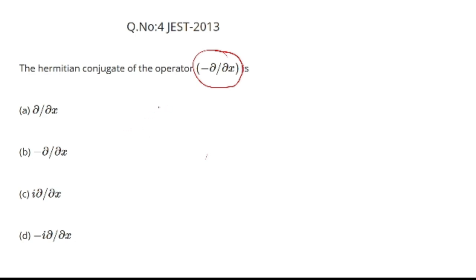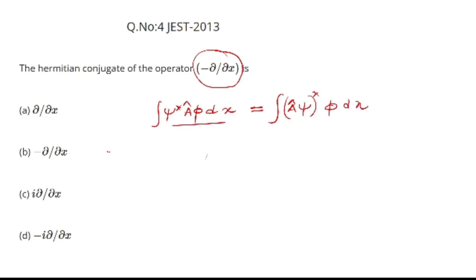That expression is the integral of psi star A phi dx equals the integral of A psi whole star phi dx, where phi and psi are both functions of x. Now find this part only. The integral of psi star A phi, where the operator is minus del x, so it will be del phi by del x, dx. Take the negative sign out.